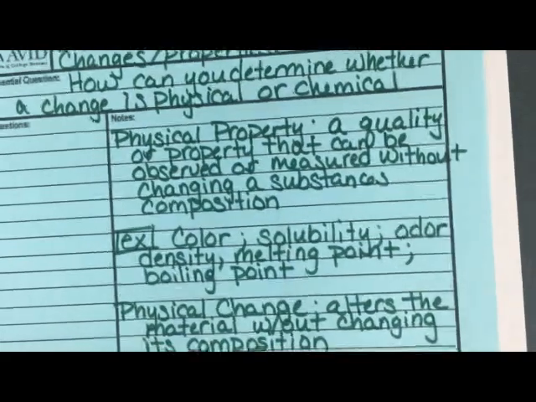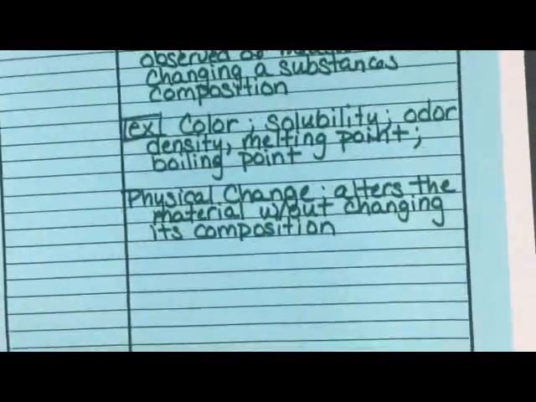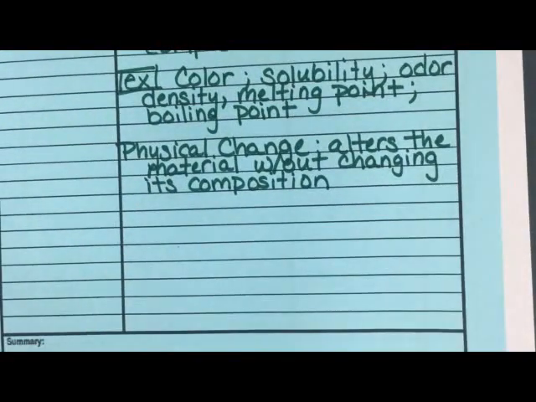So if I take this paper and I tear it in half, I have two pieces of paper, but they're both still paper. If I take this piece of paper and I cut it, it's still paper. If I take it and I bend it, it's still paper. So a physical change, I still have the same starting substance.